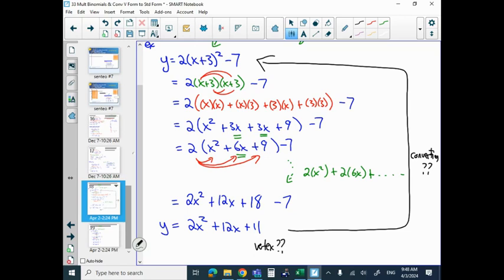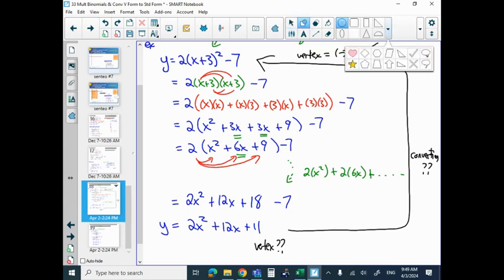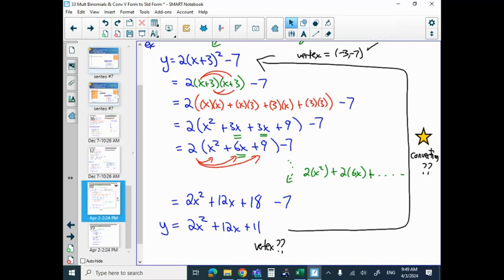Whereas if you did convert to that form, then your vertex would obviously be this -3, -7, right? So this process of converting to the vertex form is definitely a valuable one. So not for today, but definitely a valuable process.